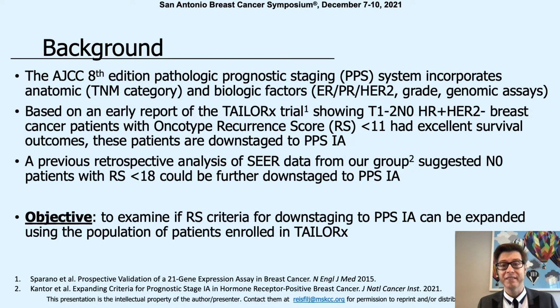So the purpose of the study presented here was to define whether the recurrence score less than 18 would justify the downstaging of patients to PPS 1A through an analysis of the materials from the TAILOR-RX trial.